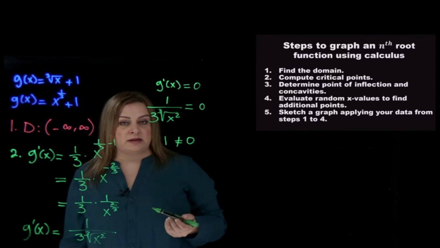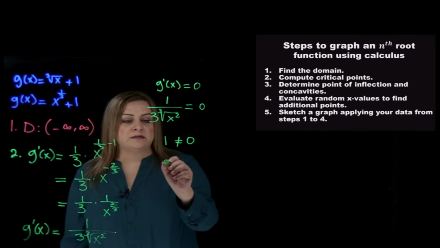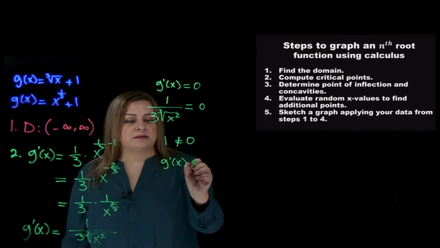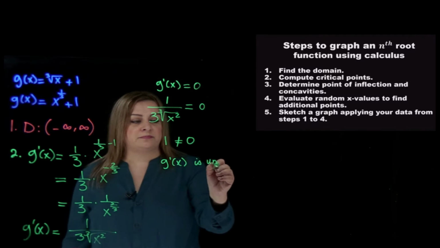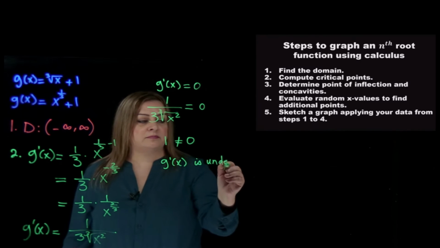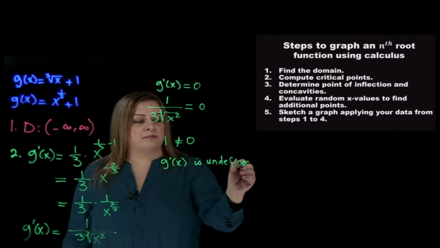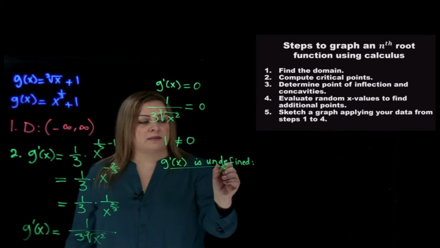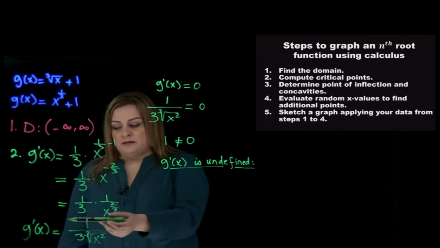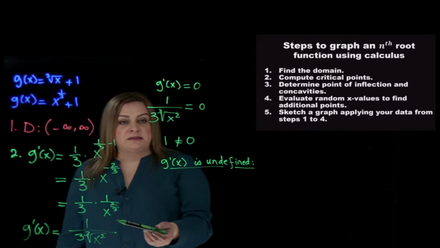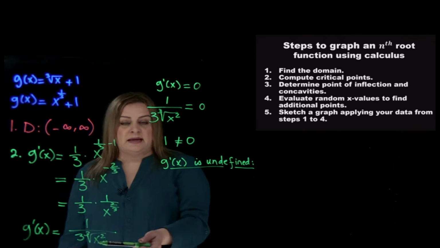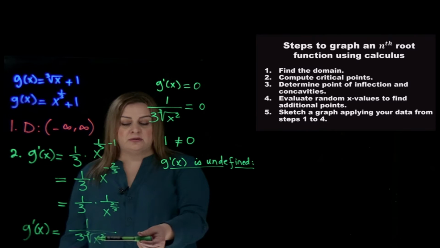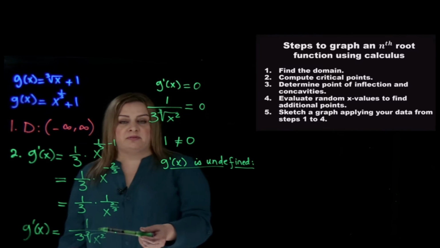Now we will consider the other case where g prime of x is undefined. G prime of x is undefined at x equals 0, because 0 in the denominator will make my function undefined.